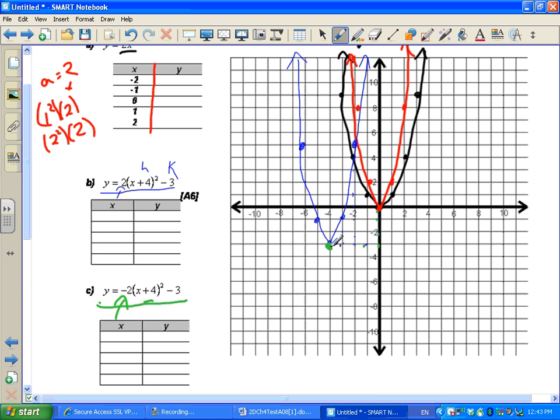So, instead of going upwards, I head downwards from the vertex. And because it's 2, it's again stretched by a factor of 2. So I go over 1, down 2. Over 2, down 8. 1, 2, 3, 4, 5, 6, 7, 8. And there is our parabola.